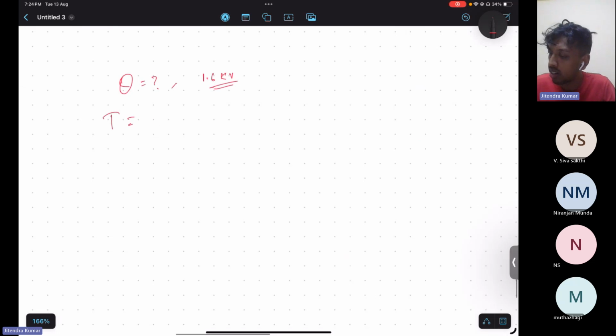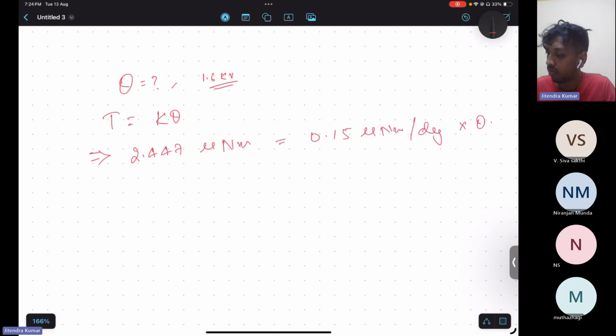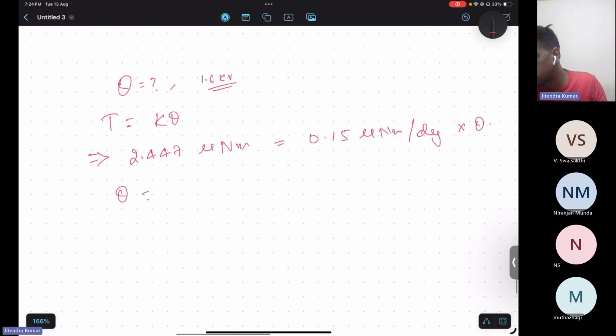Torque is equal to K theta, so 2.447 micronewton meter equals K, given as 0.15 micronewton meter per degree, into theta. So theta will be equal to 2.447 divided by 0.15. So it is nothing but 16.31 degrees.